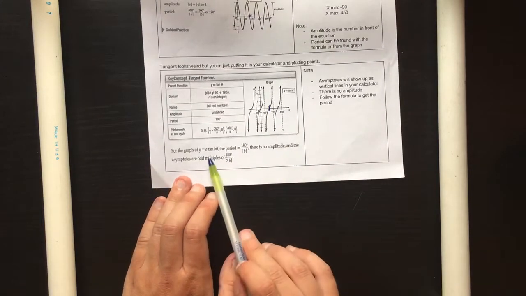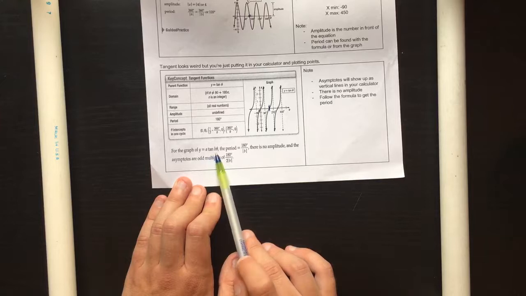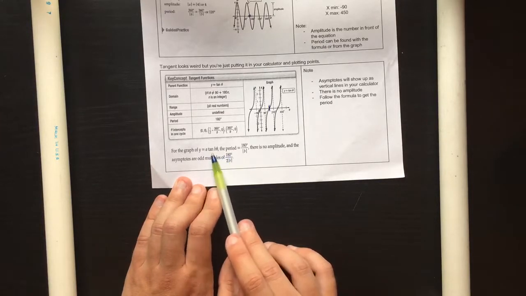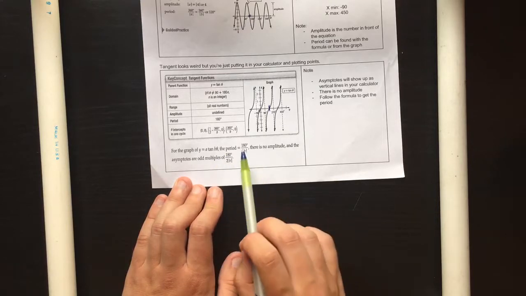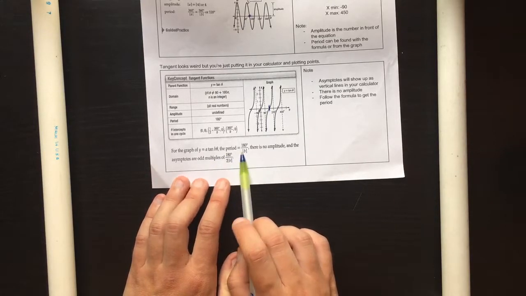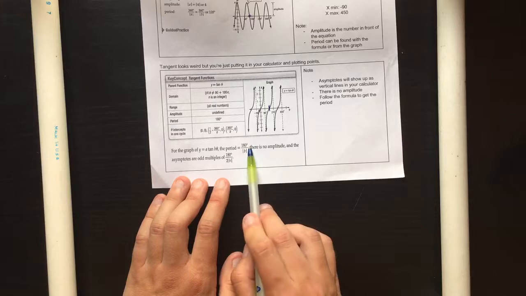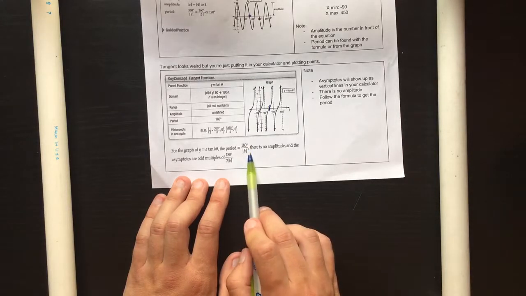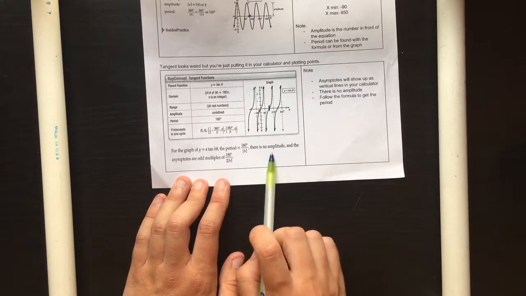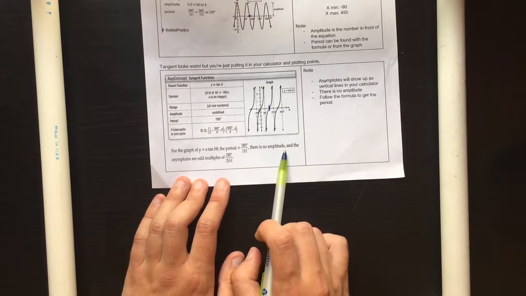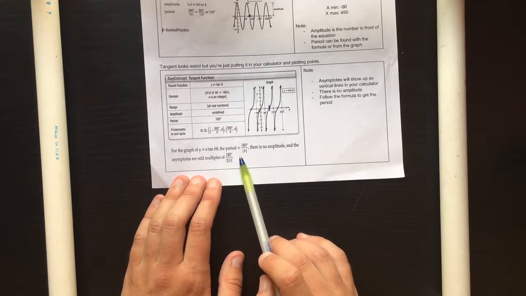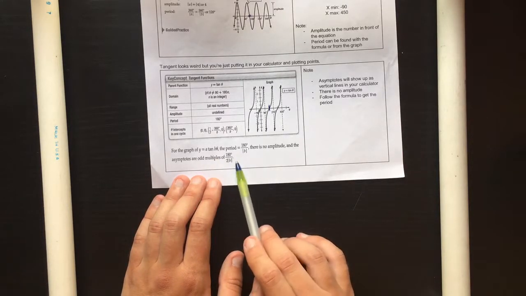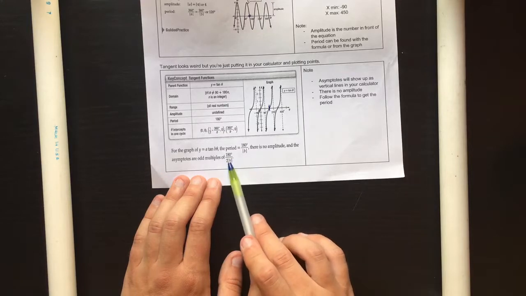All right, down here it says for the graph of y equals a tangent b theta, that would just be tangent of theta, maybe a little bit different. The period is 180 degrees divided by always a positive b. There is no amplitude. Yep, we got that. And the asymptotes are odd multiples of 180 degrees divided by 2 times a positive b.